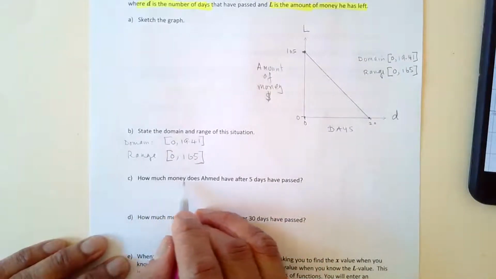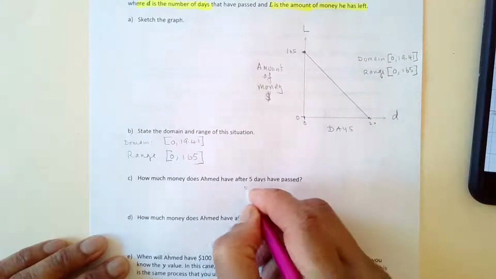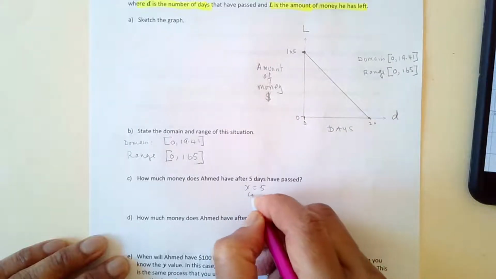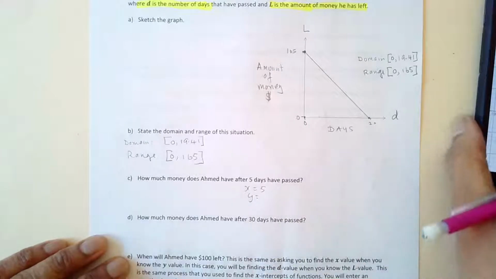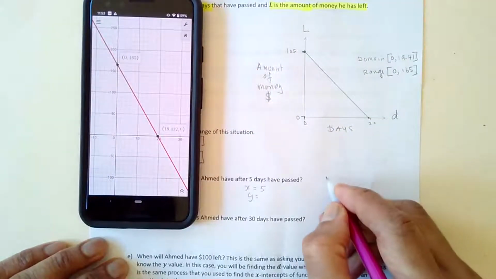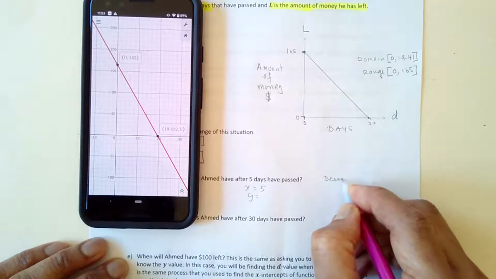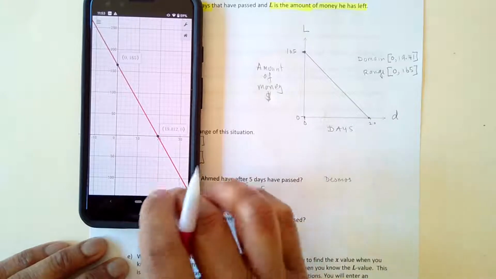Now, how much money does Ahmed have after 5 days? If x is equal to 5, we need to find y. So we go to Desmos, back to our graph.